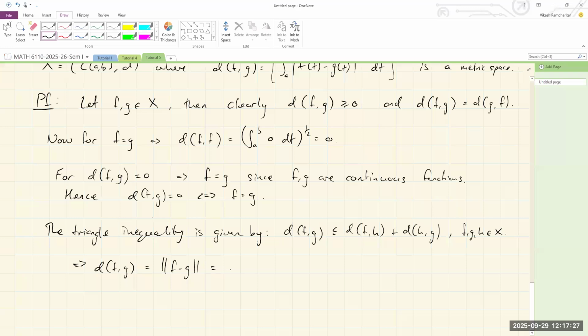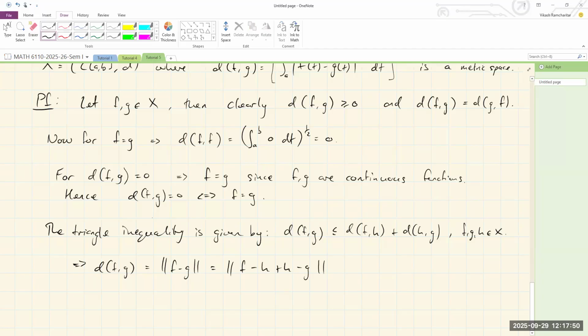And the usual trick is that we add and subtract this function h. So f minus h plus h minus g.